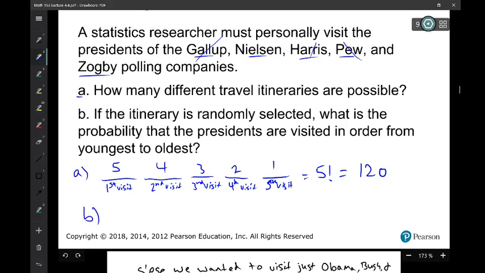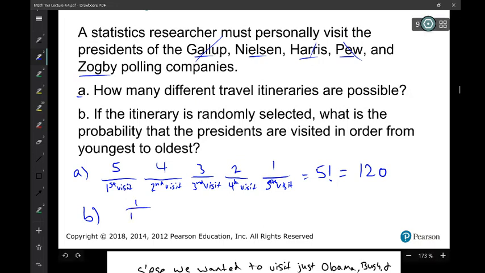So if the itinerary is randomly selected, what is the probability that the presidents are visited in order from youngest to oldest? Well, assuming they all have unique ages, that they all have different ages, then there's only 1 itinerary that will be correct.